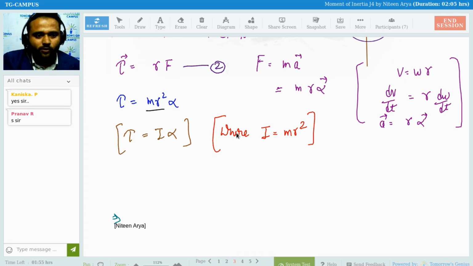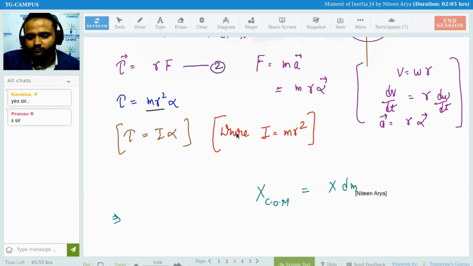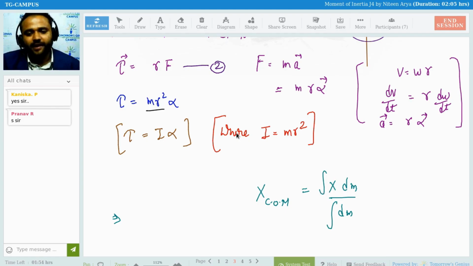For center of mass of a continuous body, x center of mass is nothing but the integral of x dm over the integral of dm, right? Got it? In this way we can find x for x, y for y, z for z.